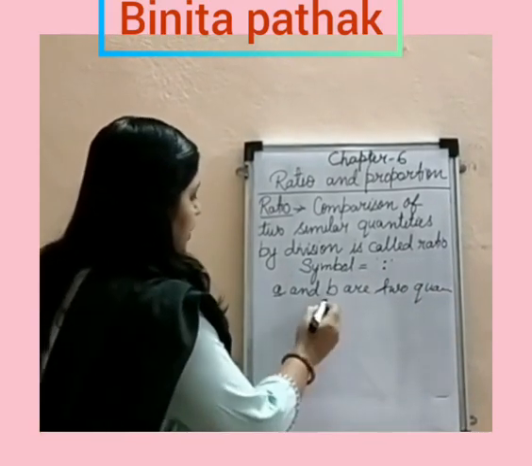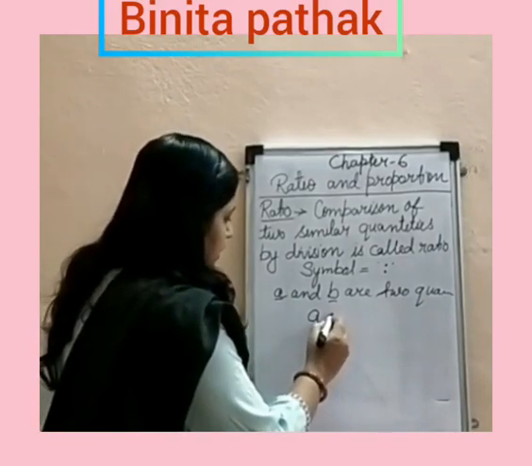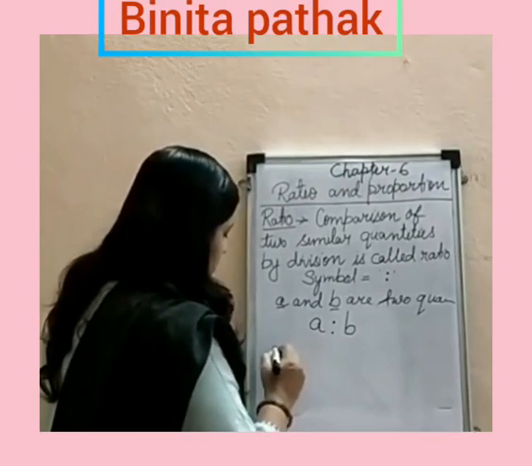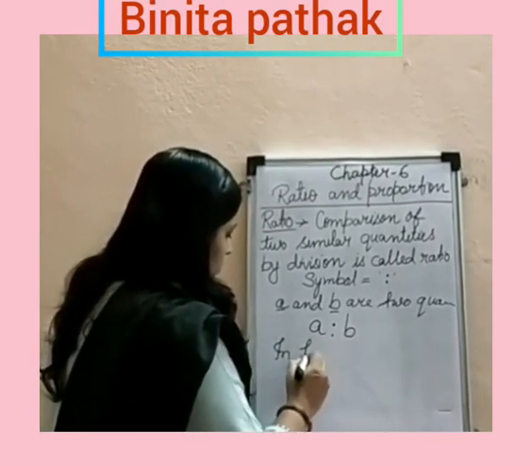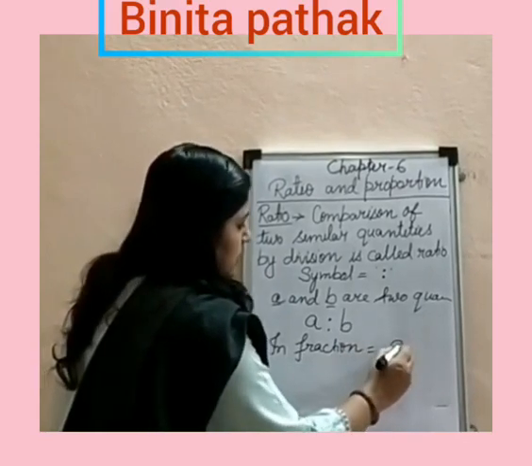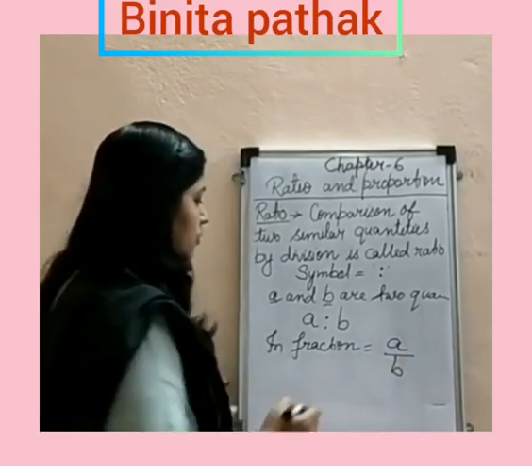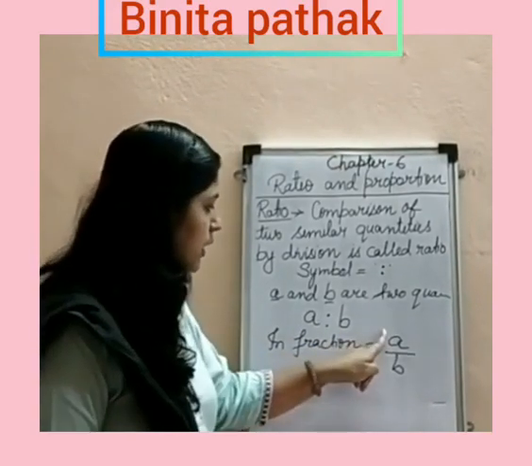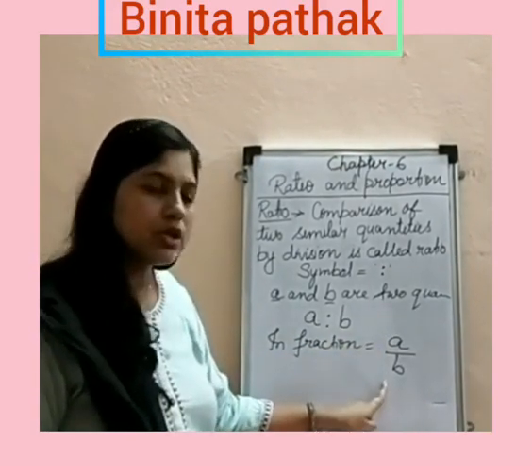How can we denote it as ratio? It is denoted A is to B. We can write it in fraction, A upon B, where A is called first term, B is called second term.